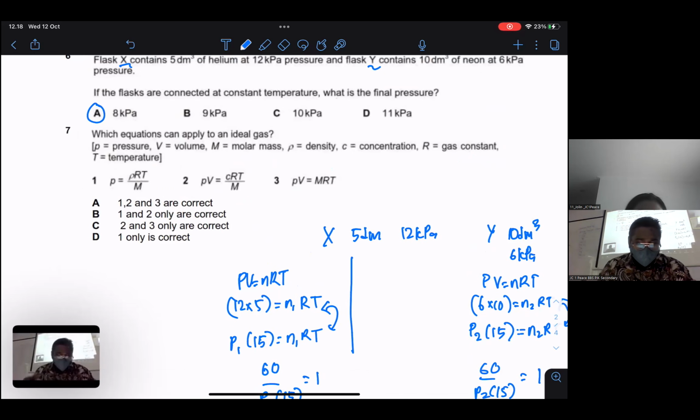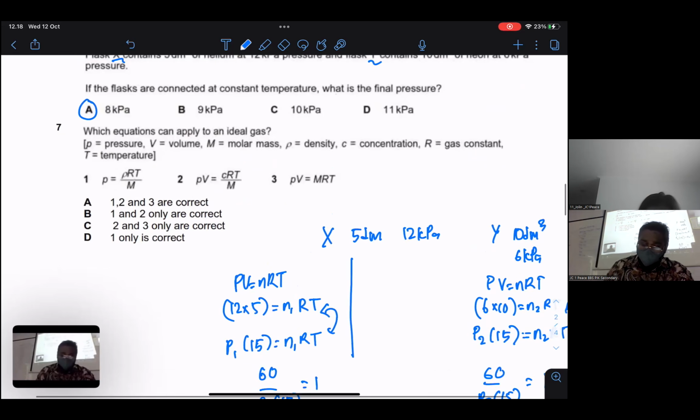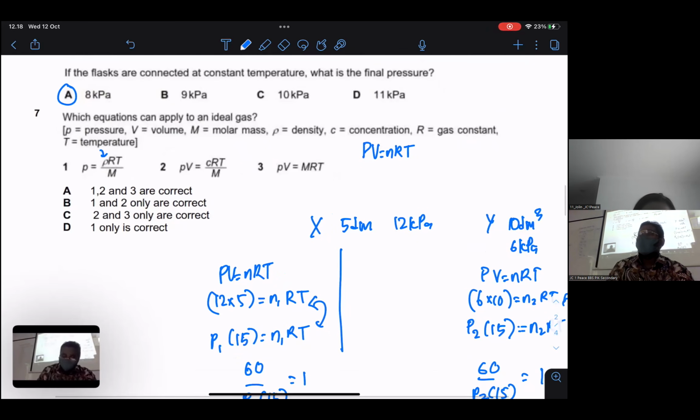Now, which equation can apply to an ideal gas? So this one is still PV equals nRT, and you are introducing density over there. What is density? Density is going to be mass divided by volume.